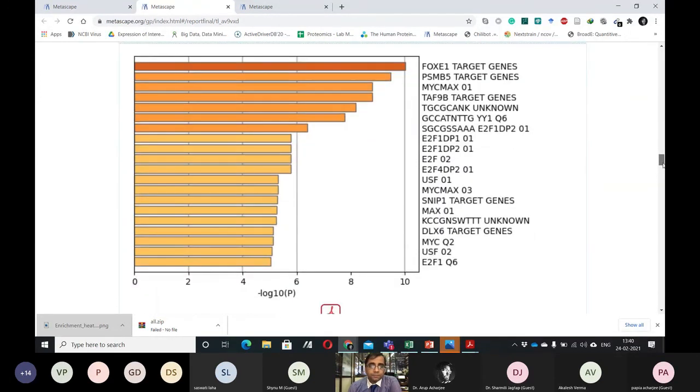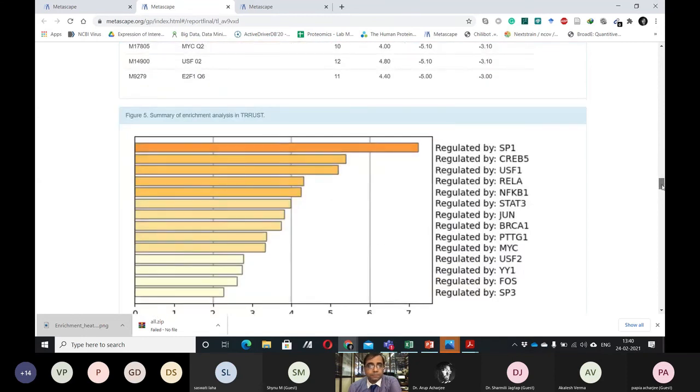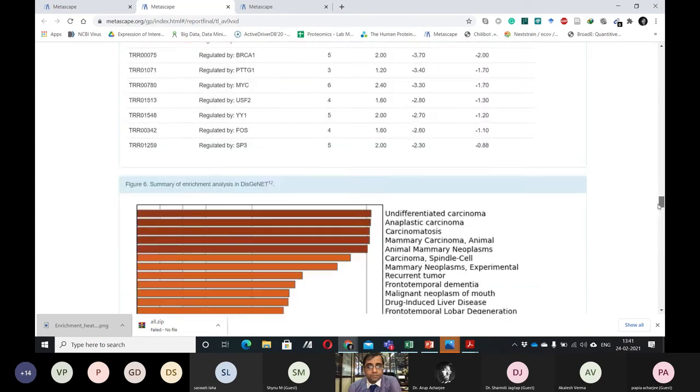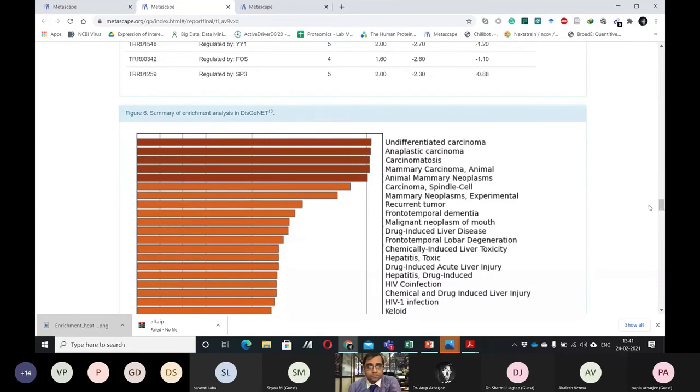So you will always know these are the specific transcription factors and how the genes were upregulated based on these transcription factors. Next comes again, if you see, these are the genes regulated by SP1, maximum genes were by the SP1 transcription factor, then there are CREB, then USF1, NF kappa B1. So this entire analysis can be done.